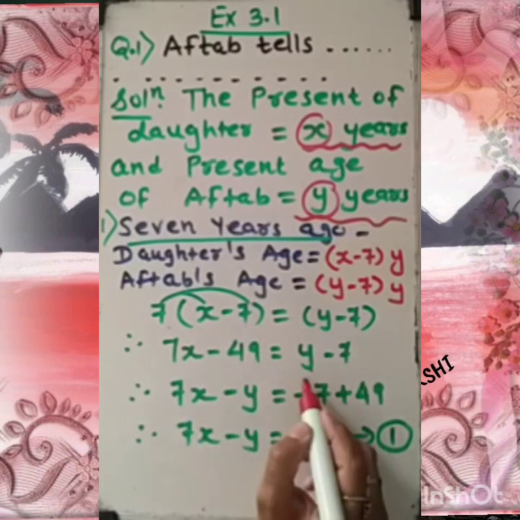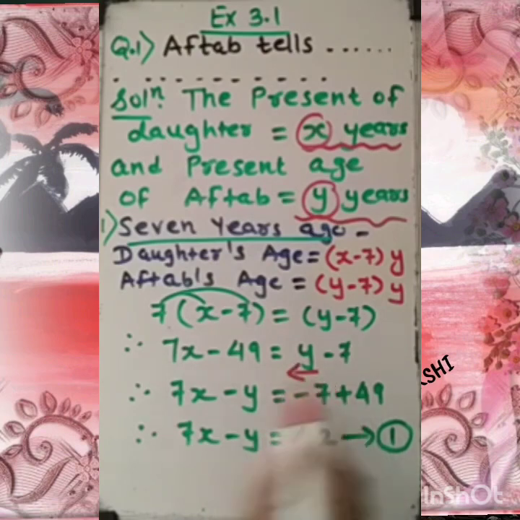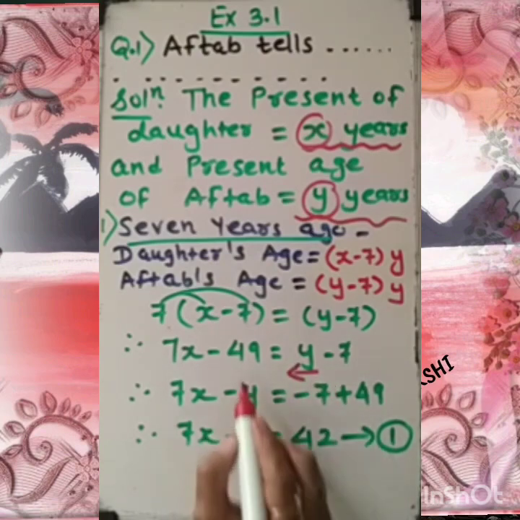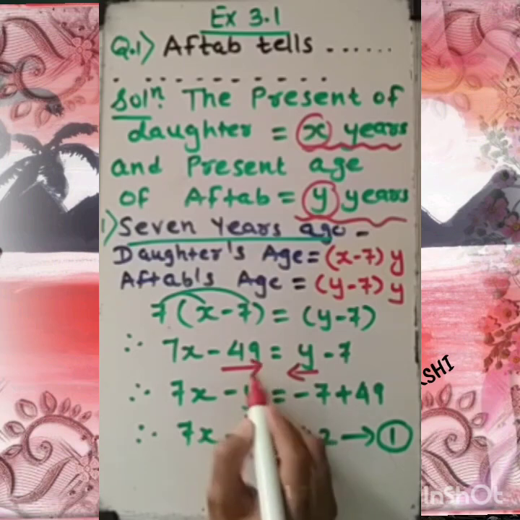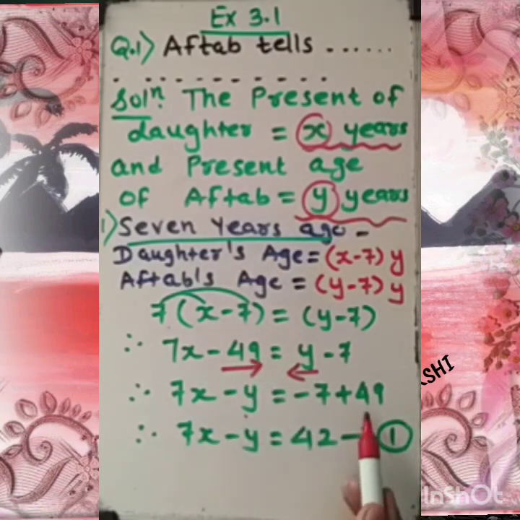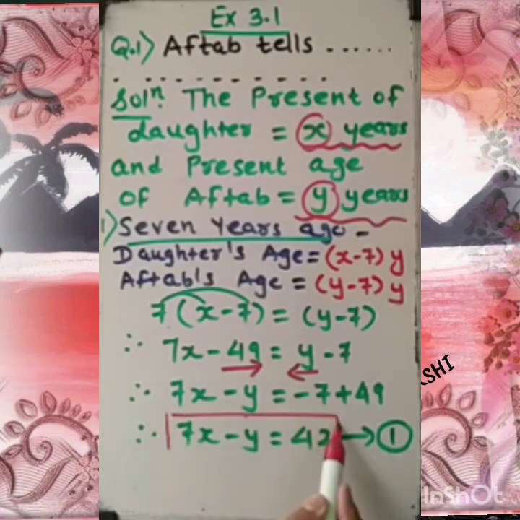I am transposing this y to the left side, so it becomes minus y, and minus 49 I am transposing to the right side, so it becomes plus 49. So 7x minus y equal to 49 minus 7, that is 42. So I can say our first equation is 7x minus y equal to 42.